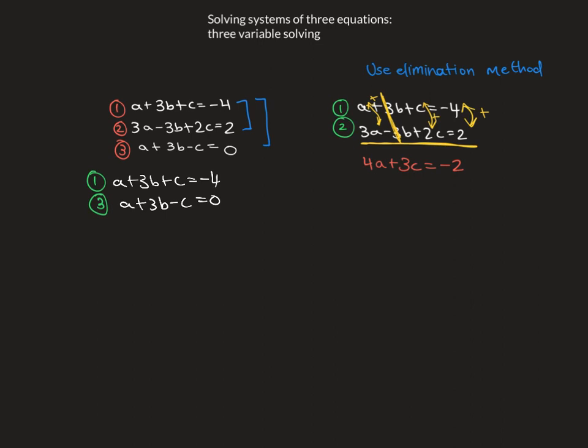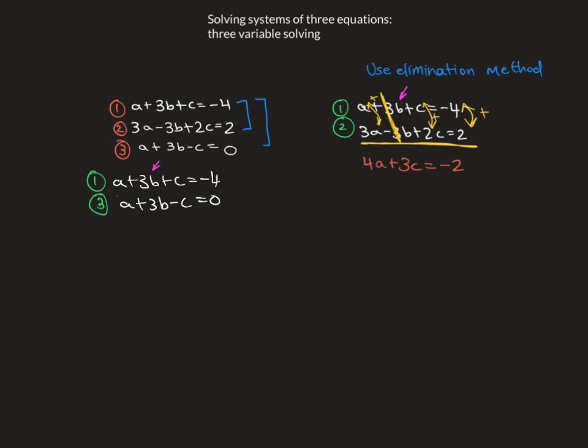However, one problem is that we have two opposites, positive c and minus c. But we can't cancel those out because we have to cancel out the same exact variable that we canceled out in our first pair. Over there variable b was canceled out, so we also have to cancel out variable b in our second set.